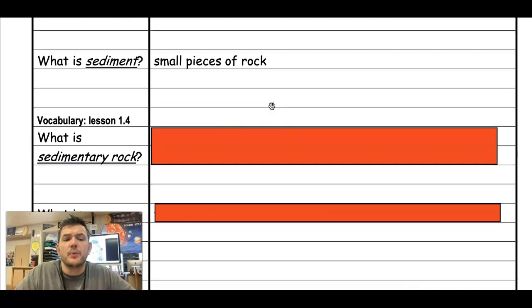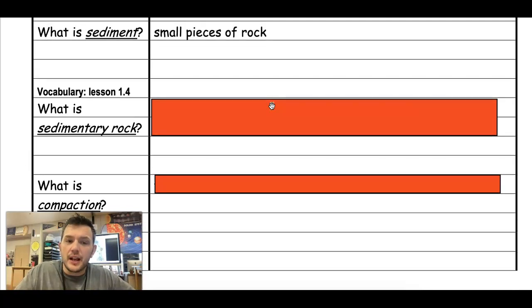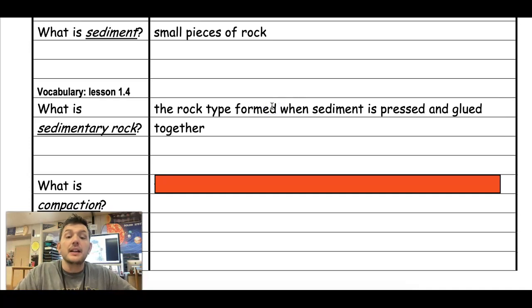As we go to lesson 1.4, we're going to review sediment, but we're going to ask what is sedimentary rock. Sedimentary rock is the type of rock formed when sediment is pressed and glued together. So you get all these little pieces of sediment, and over time with enough heat and pressure, they get compressed together and glued together, and that's where we get sedimentary rock.